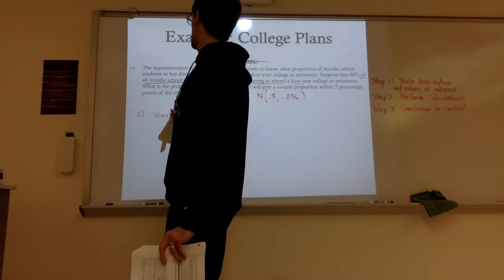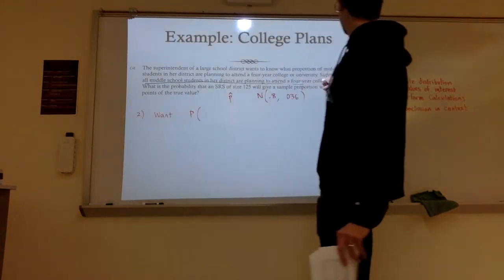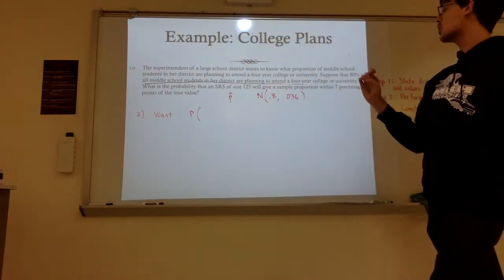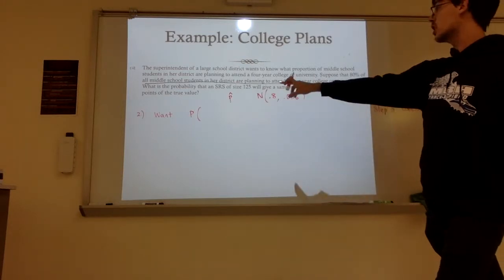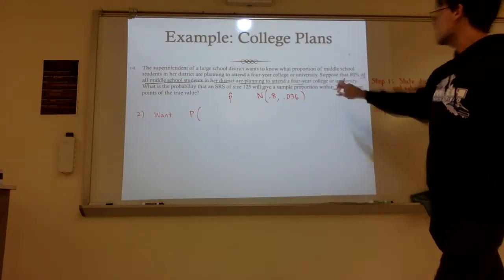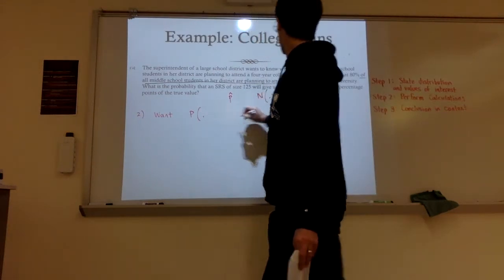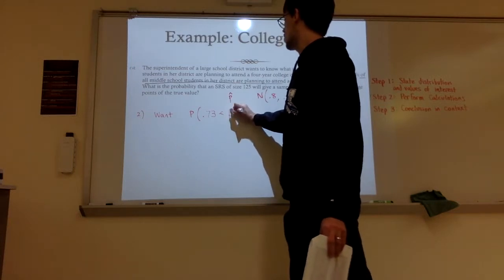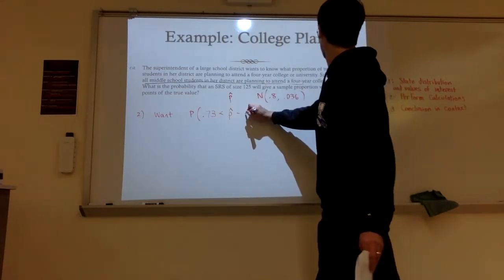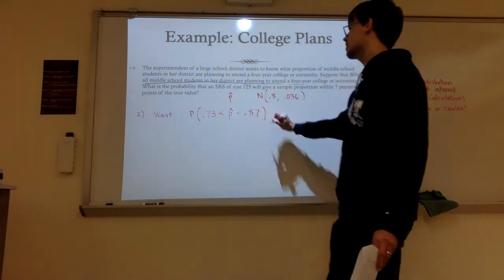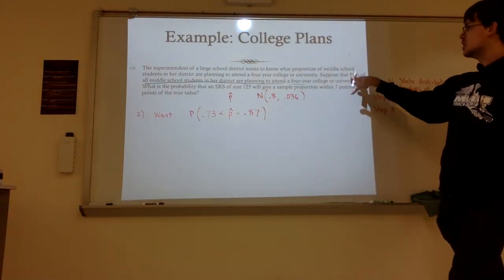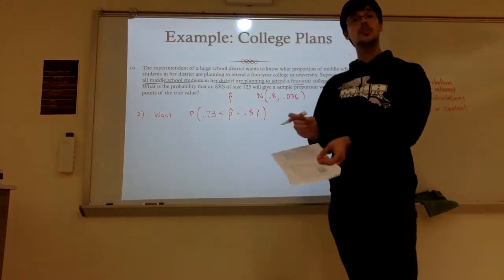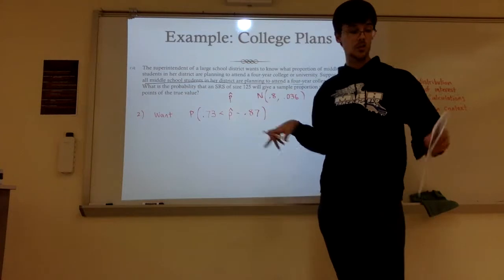We want the probability that our sample proportion is going to be within 7 percentage points of the true value of 0.8. Within 7 percentage points essentially means we're going anywhere from 73% to 87%. So within 7 percentage points means we're going from 73 to 87 if we take a random sample. What's the probability our random sample proportion will be somewhere between these two values here?